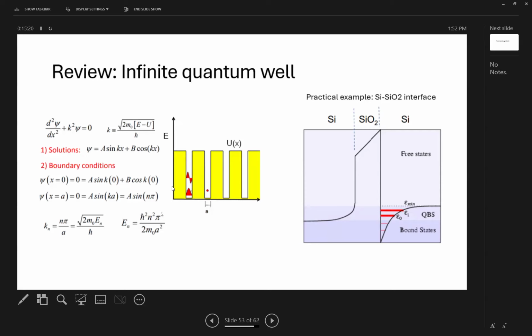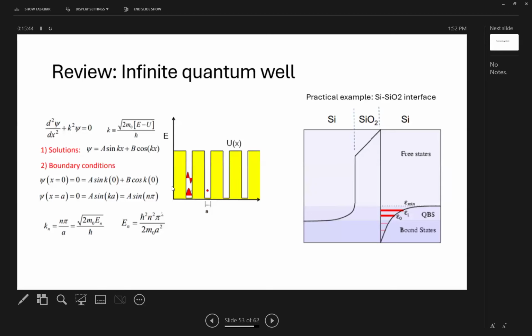And remember that in previous cases we talked about wells which look like a rectangle, but in real cases there is no rectangular shape. Rather, it takes a slightly different form. For instance, in case of the silicon dioxide silicon interface, it takes a triangular well. In some other cases, you will see that the well takes the form of a parabola.